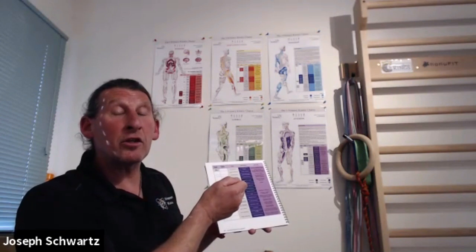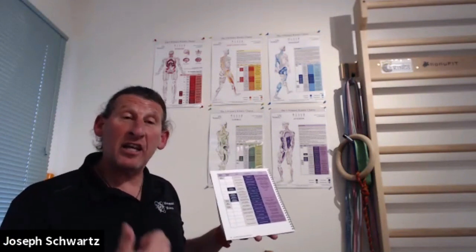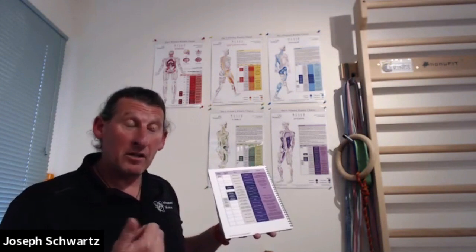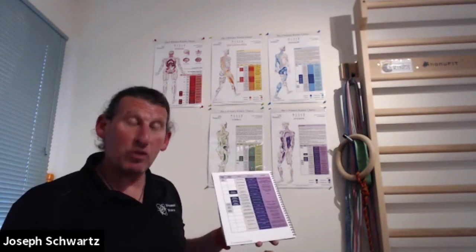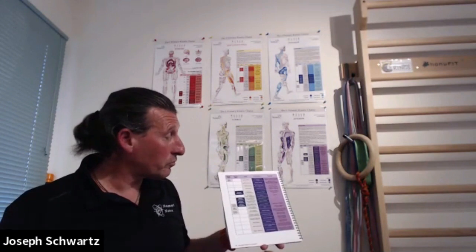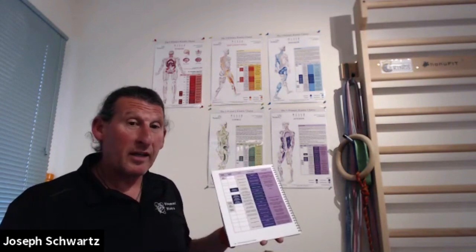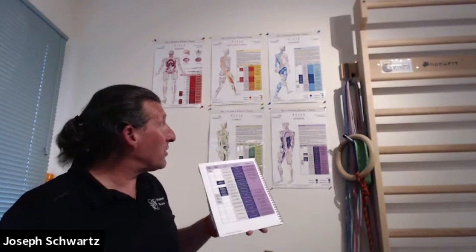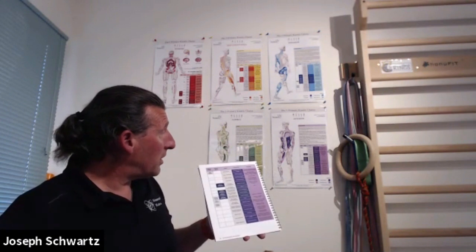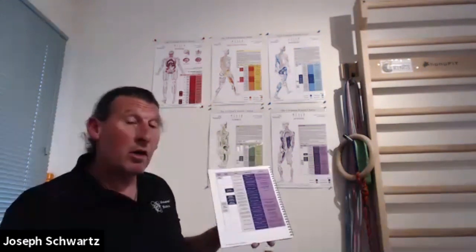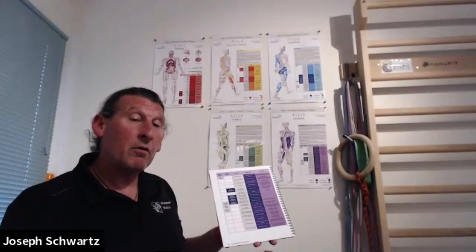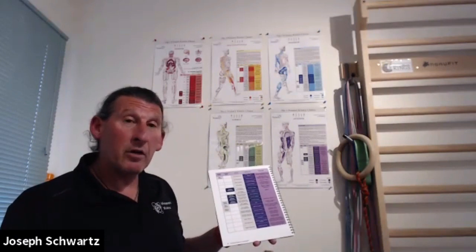Reinsert that into the global movement. How did that global movement change? Did it go from a dysfunctional movement to a functional movement? These charts give us a map of how to do that. Now, one of the things about these charts is that they are specifically tailored to the walking gait.